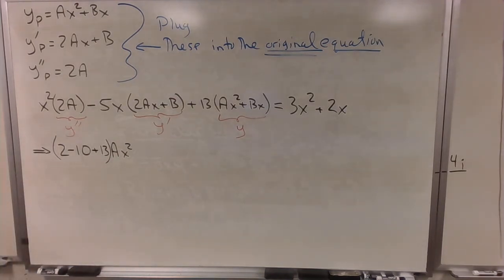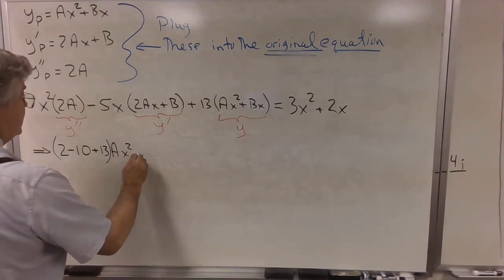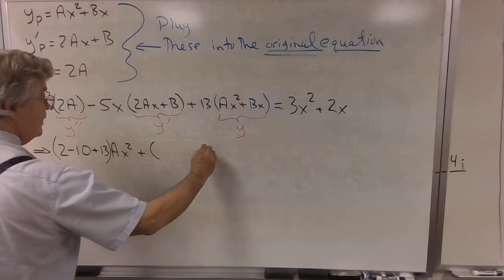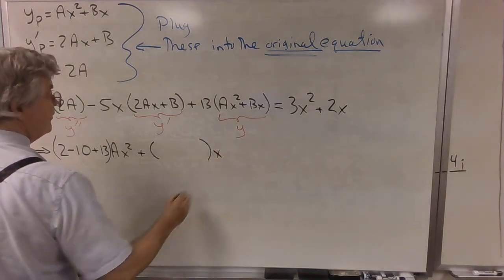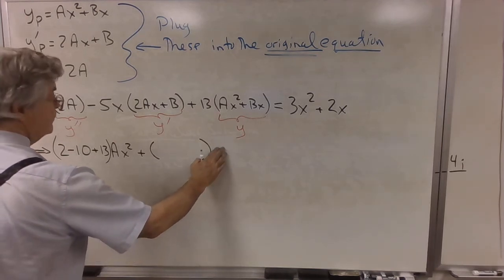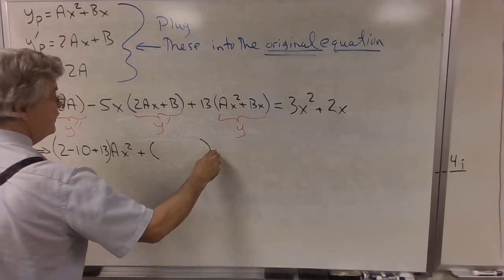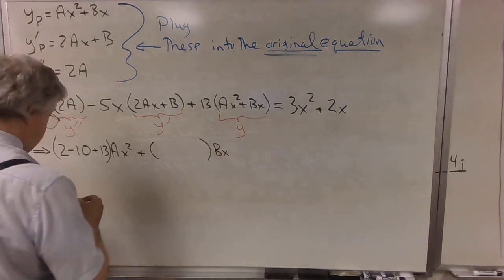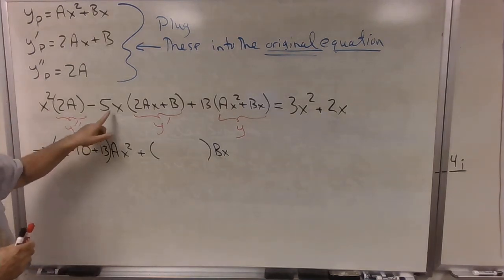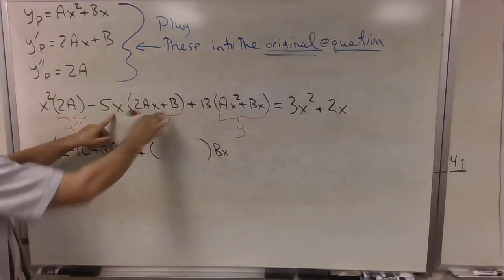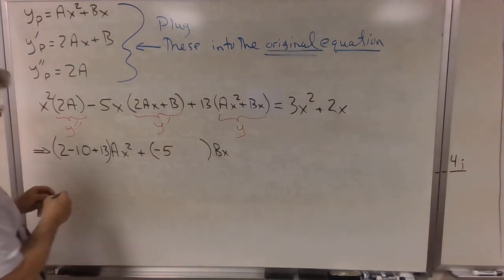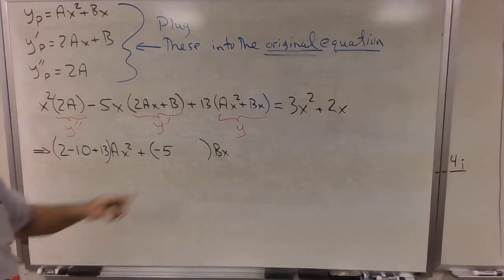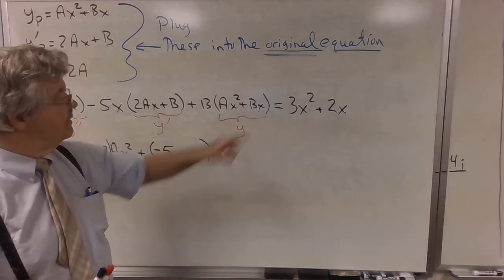Okay, now let me tally up my x's. Let's say bx here. I have negative 5bx, and over here I have 13bx.